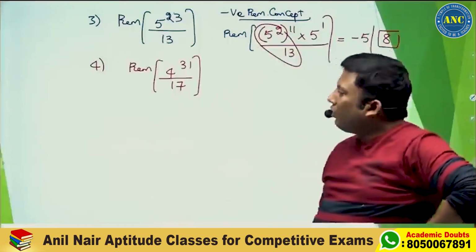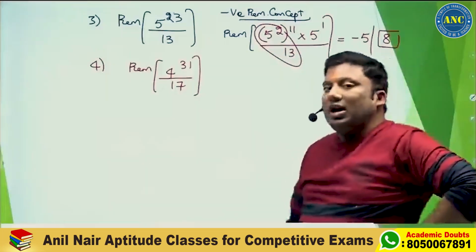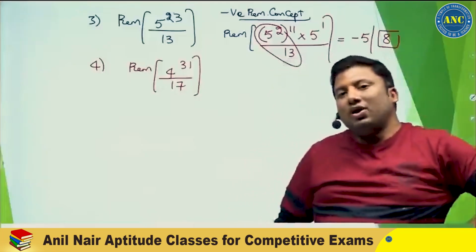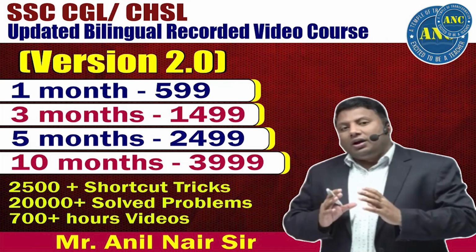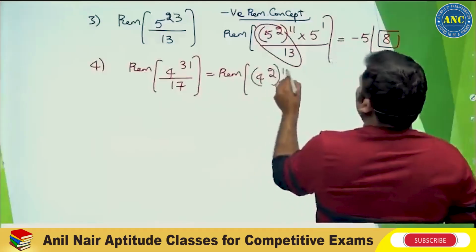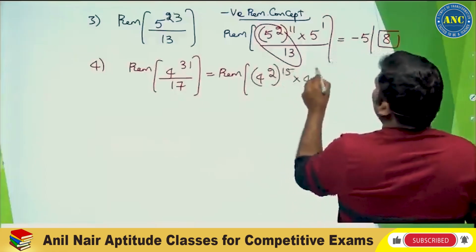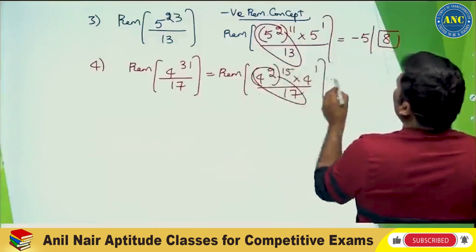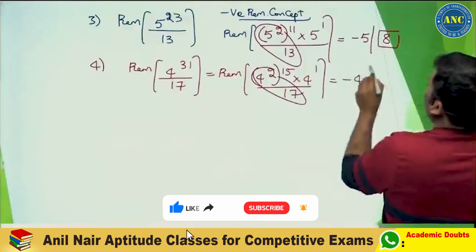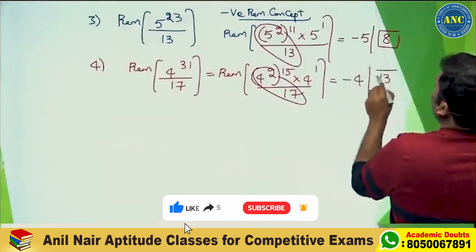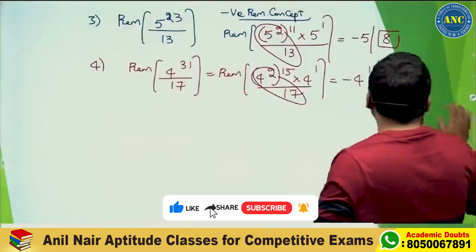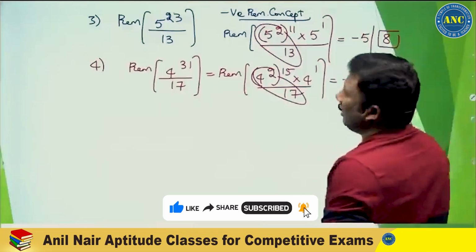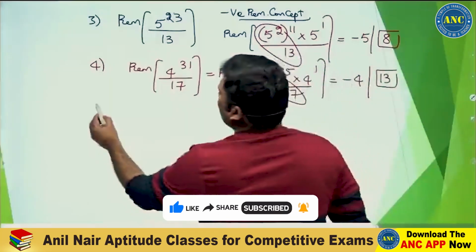Which power of 4 when divided by 17 will give plus 1 or minus 1? 4 square is 16, so here you are getting it directly. So this is nothing but 4 square power 15 into 4 power 1 divided by 17. 16 by 17 is minus 1. Minus 1 into 4 is minus 4. Positive remainder, it is 13.